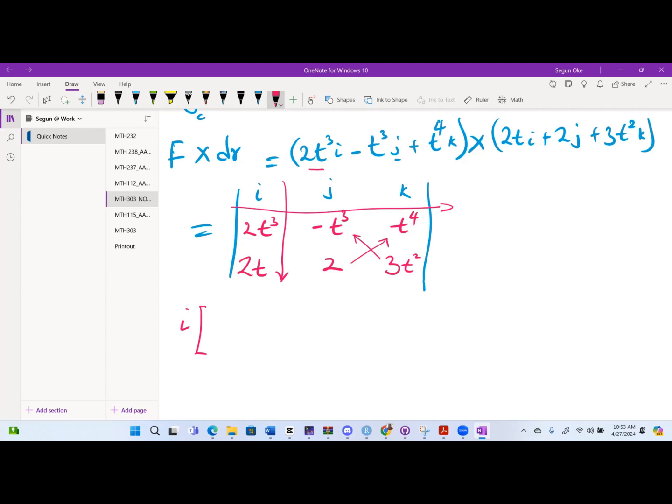So you have to be careful. You have it here to be minus 3, because this is negative. Minus 3t raised to power, add the powers of the t together, 5. Minus 2t raised to power 4, because there's no t here. If there is t, you will add the power again. Any question?